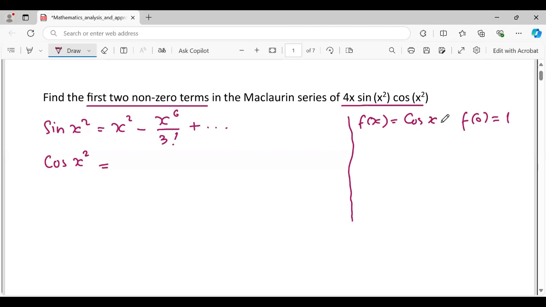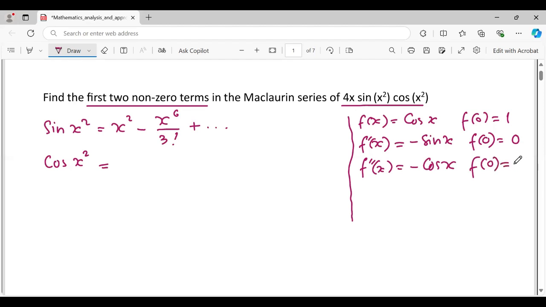So we should discuss cosine x first, and after that, apply it to x squared. The first derivative of cosine x is minus sine x, and if x equals 0, it is 0. The second derivative of cosine x is minus cosine x, and if x equals 0, it is minus 1.